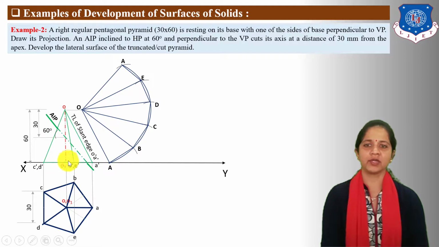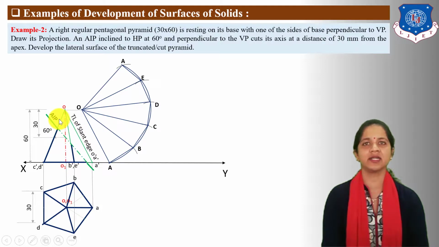Next, draw lower portion of the front view as a dark line because the upper portion is a cut portion. Next, locate cutting points which are cut by AIP cutting plane. Here, total 6 points are cut by AIP cutting plane.